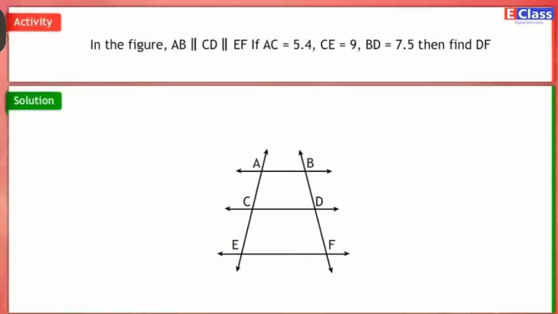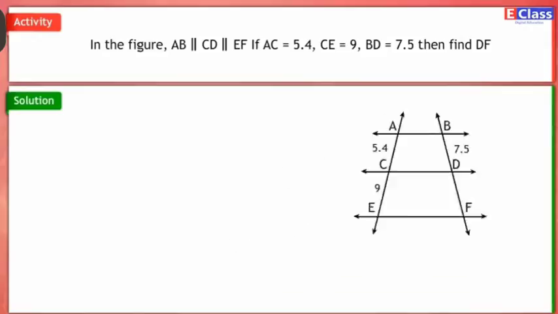Activity. In figure, AB is parallel to CD, which is parallel to EF. If AC is equal to 5.4, CE is equal to 9, BD is equal to 7.5, then find DF. Solution.